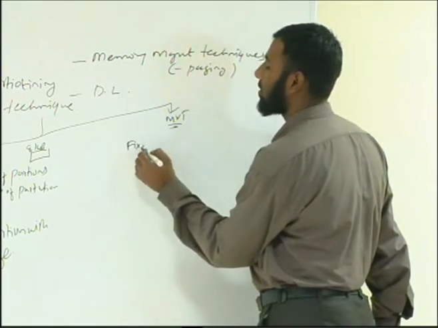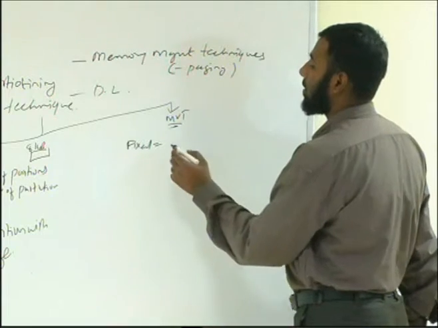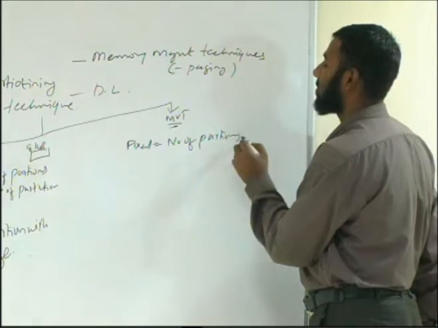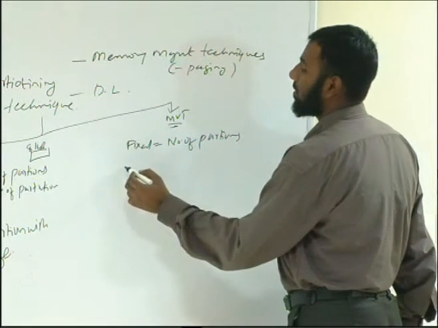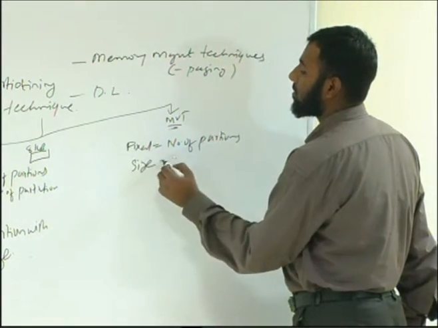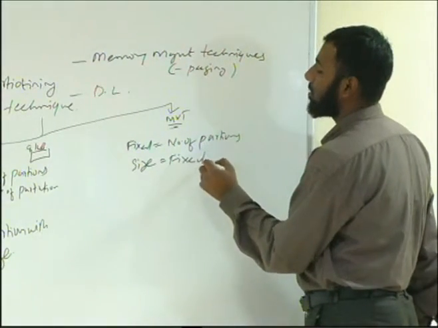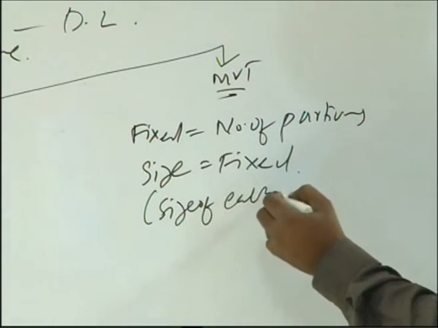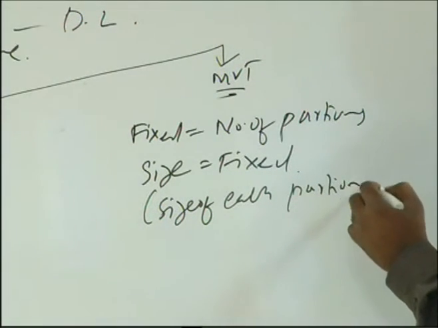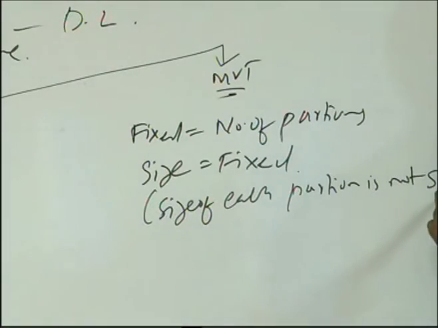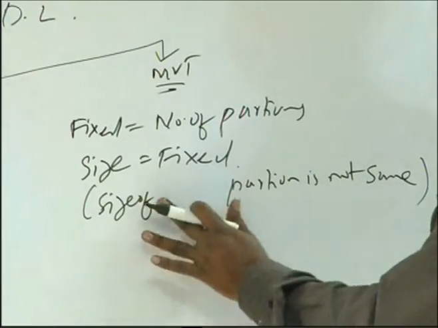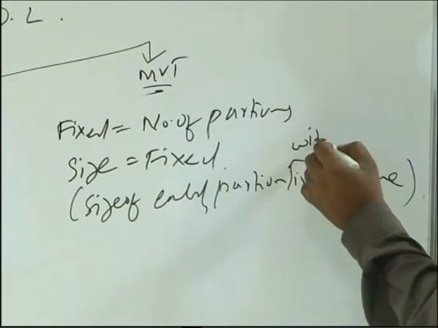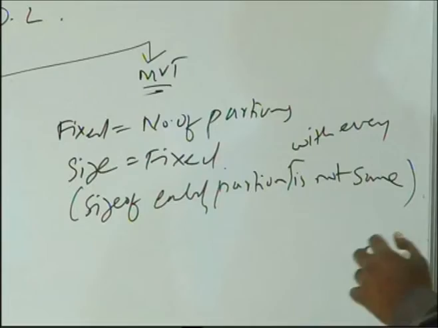Here, what is fixed? The number of partitions here is also fixed, and size is also fixed, but the size of each partition is not the same as every other partition.